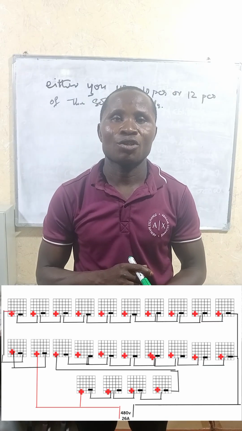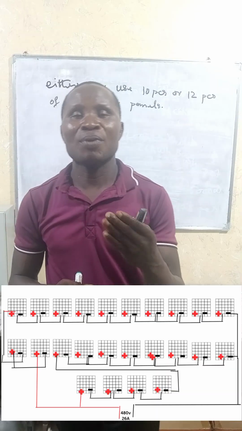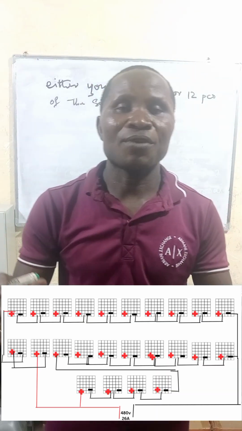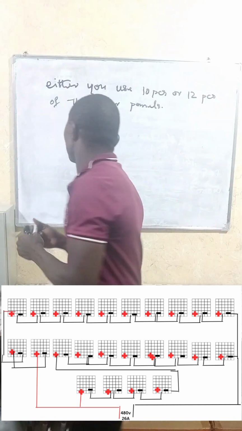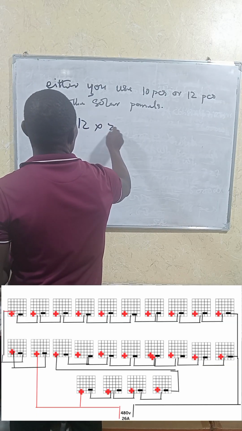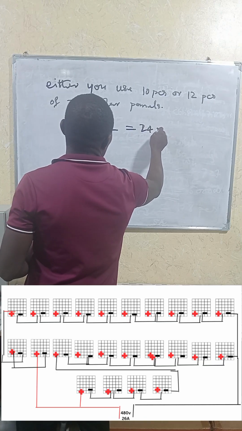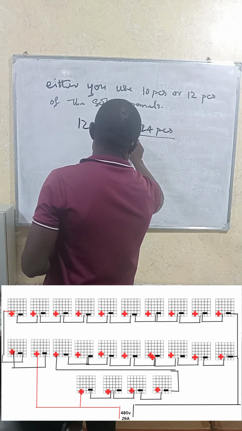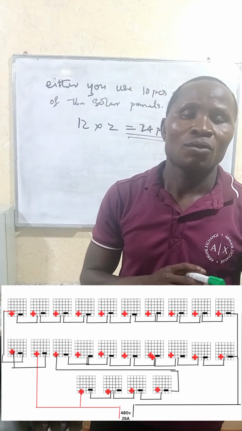As such, I will advise, depending on what you are looking for, to have maximum performance of your system, instead of using 12, multiply those 12 panels by 2. It gives you 24 pieces. With these 24 pieces of panel in this system, it will perform excellently well for you.